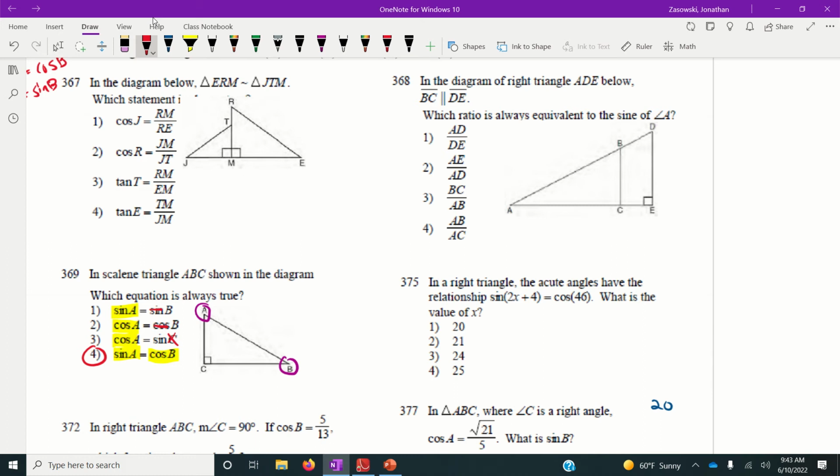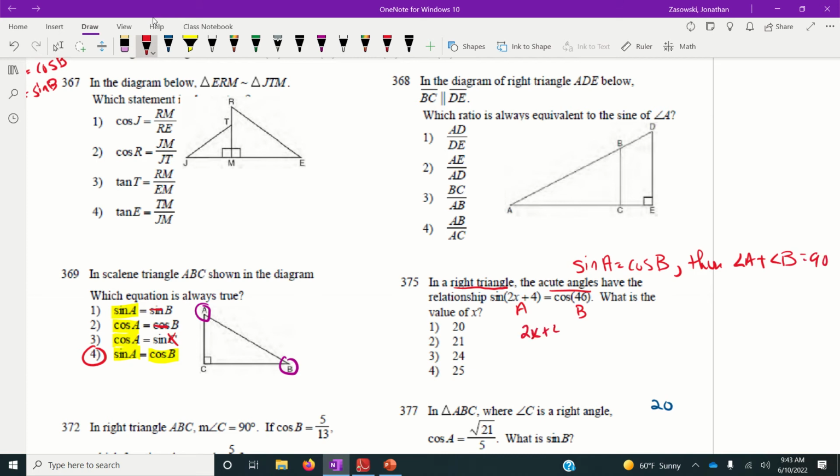375, that's right next door. Remember that in a right triangle, the acute angles, so if we know that the sine of A is equal to the cosine of B, here's A and here's B, then we would know that angle A plus angle B has to equal 90 degrees because it's a right triangle.